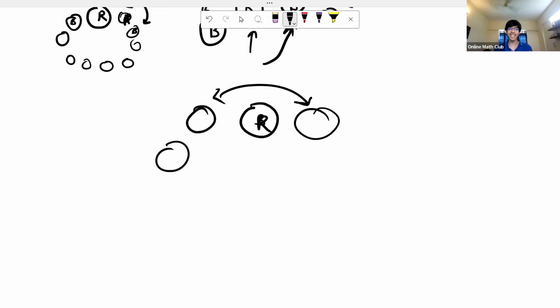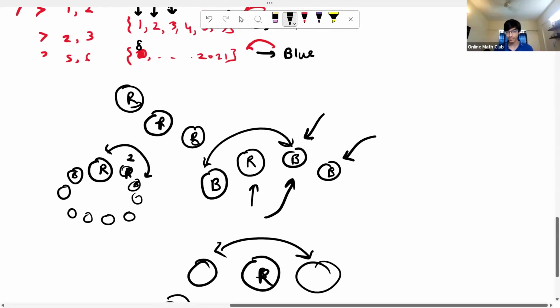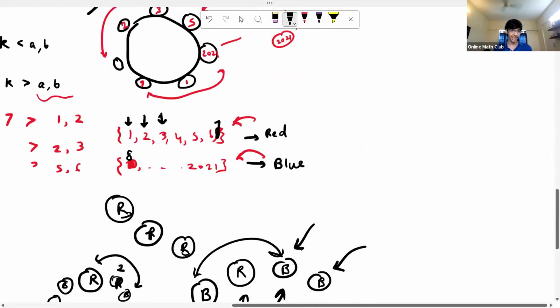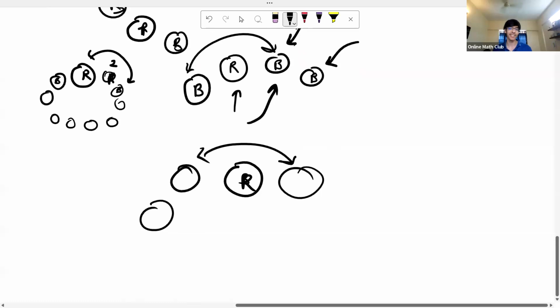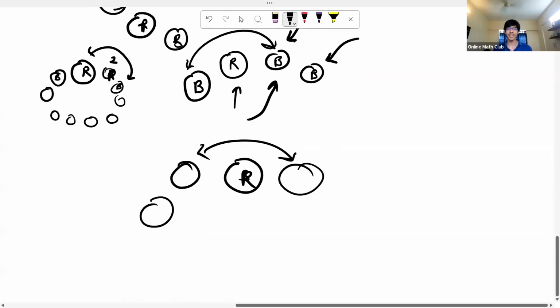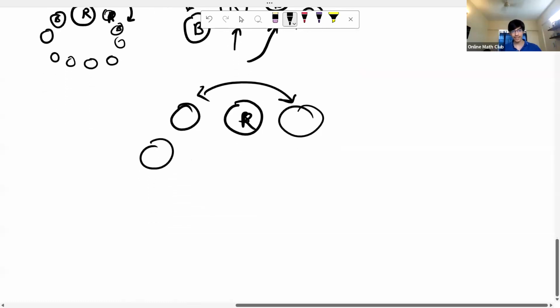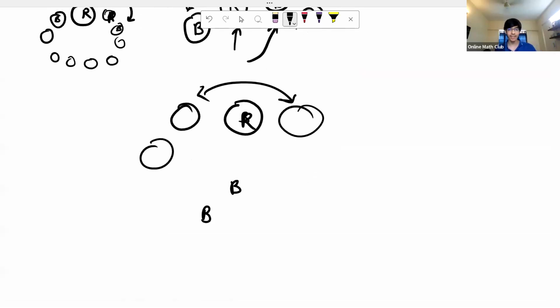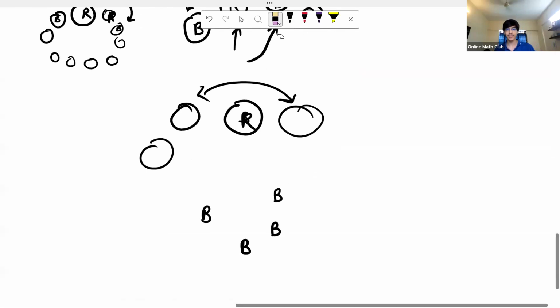And if all numbers become red, that's actually really bad because then you've disproved the problem. So what you want to show is that you can't make all numbers red. So initially, just to think of this in the n equals 5 example, you have 5 blues. And let's say first turn, I choose to make this one red.